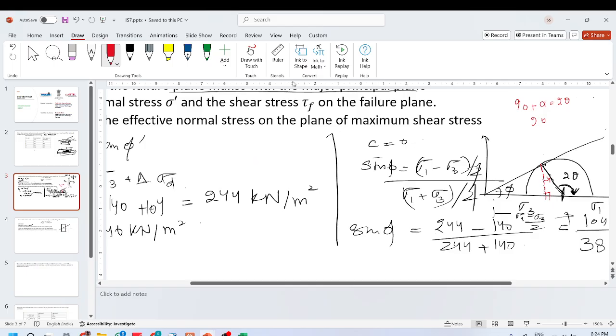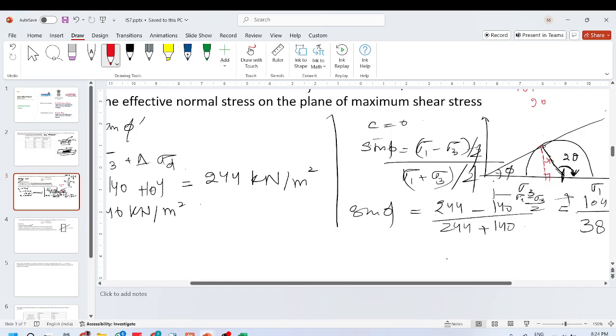The triangle, you know, if a triangle has an external angle, it is the sum of the two opposite internal angles. The angle here will be 45.